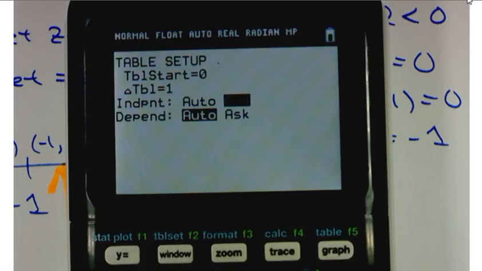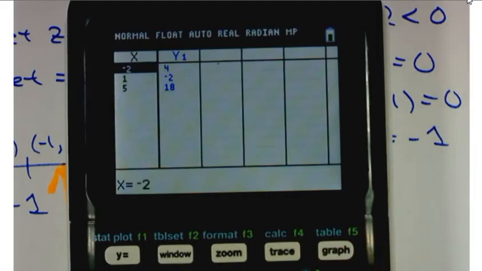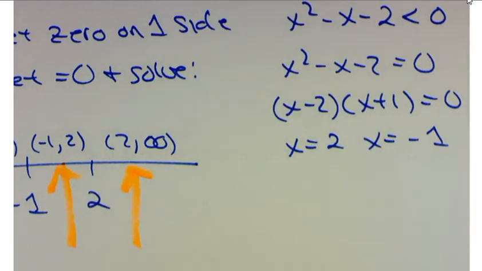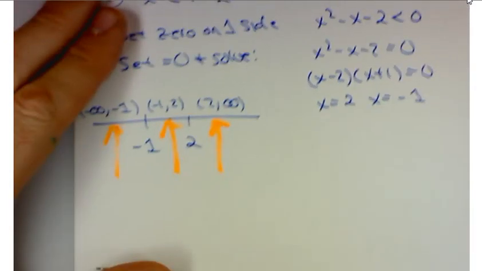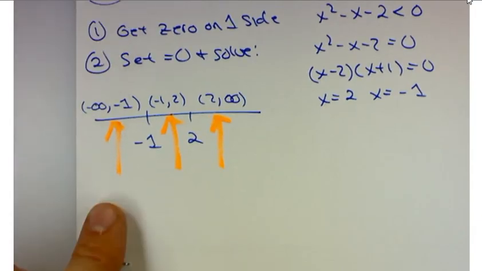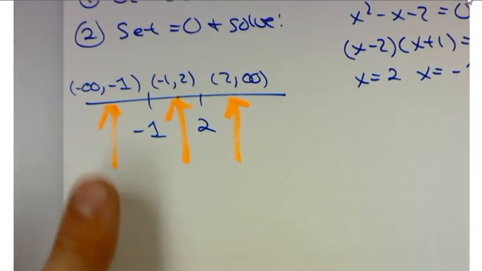Now, hit the second key, then the graph key, and this will give us a table. So this is the t-tables that you use when you graphed your linear equations back in beginning algebra. This time what we want to do is test points from each of these intervals. So let's see what happens. Let's pick some points here.